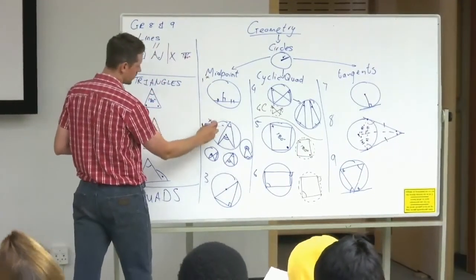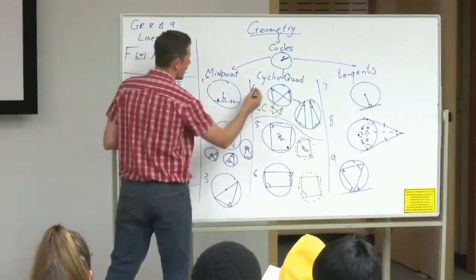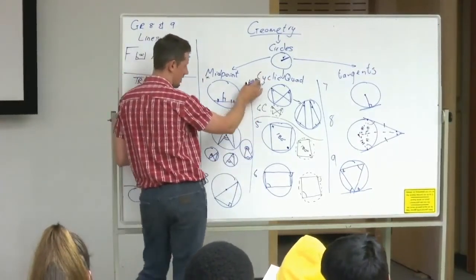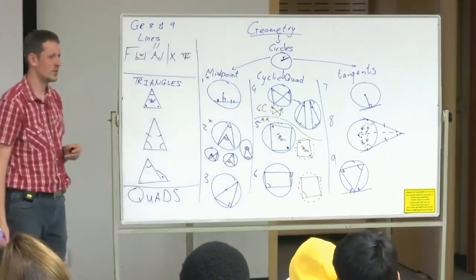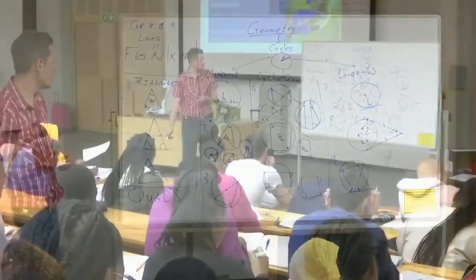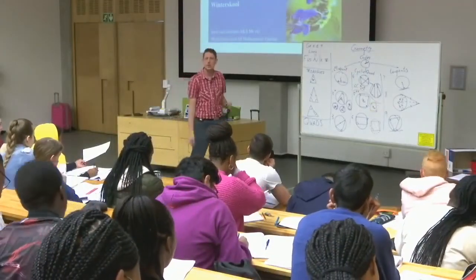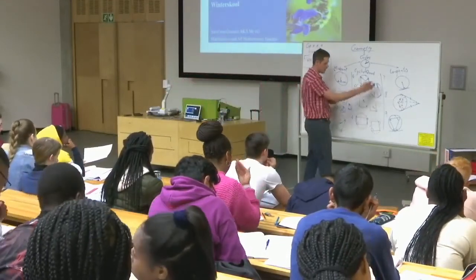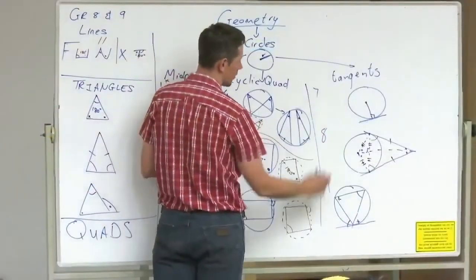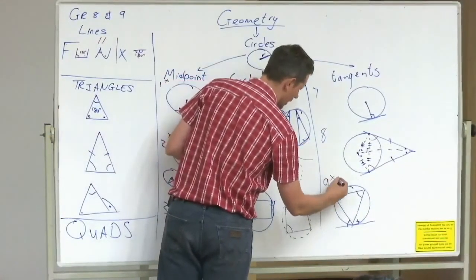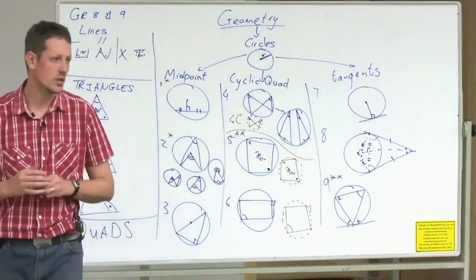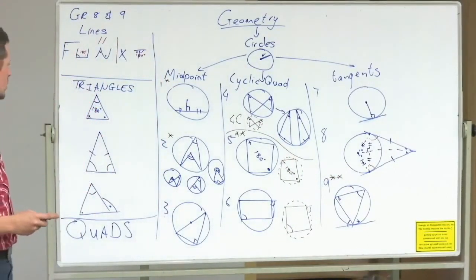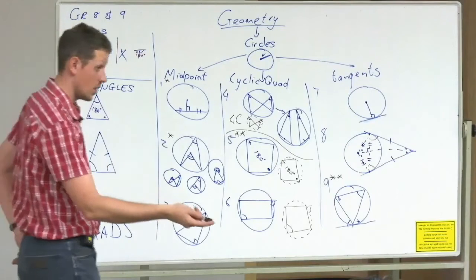So theorem 1 and theorem 2 is important. Theorem 3 you don't have to know. Theorem 4 you have to know. Theorem 5 is doubly important, because we ask it quite regularly. Theorem 6 you don't have to know. Theorem 7 you don't have to know. Theorem 8 you don't have to know. Theorem 9 is doubly important. Okay? No, but I'm saying to study the proof of the theorem.